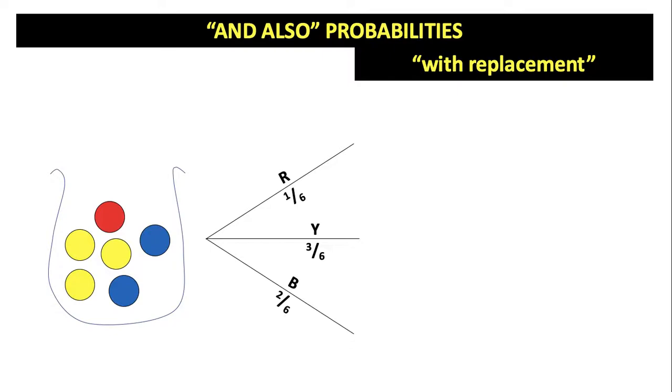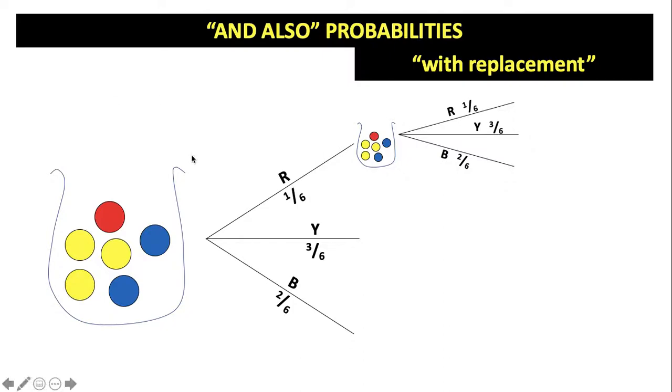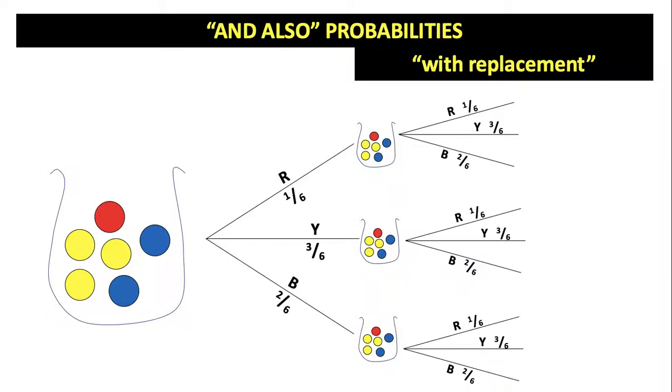And then if I pick another ball, assuming I've replaced the ball I picked in the first place back in the bag, then I've still got the same 1/6, 3/6, 2/6 chance of red, yellow, and blue respectively on the second pick. So that happens whether I pick a red first, or a yellow first, or a blue first.